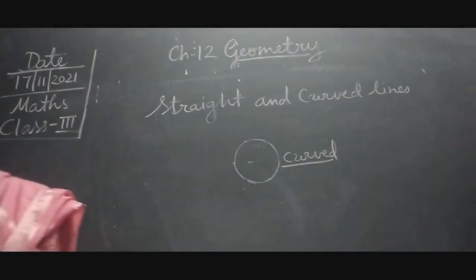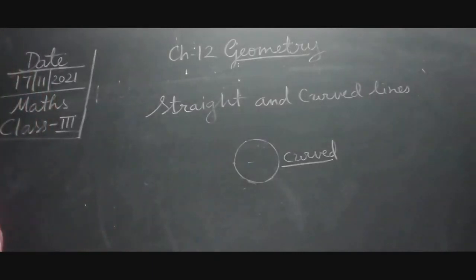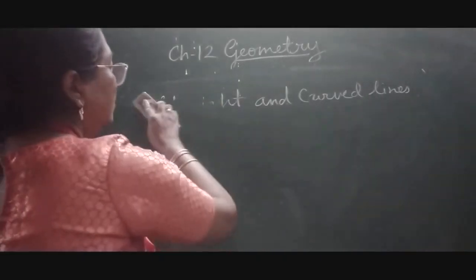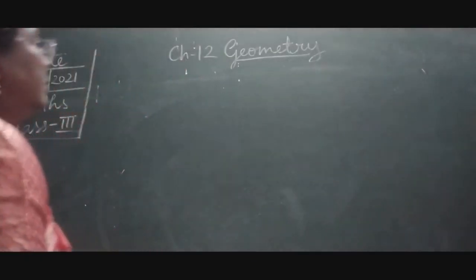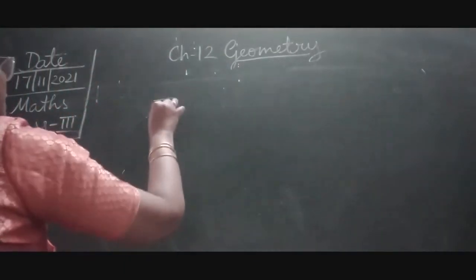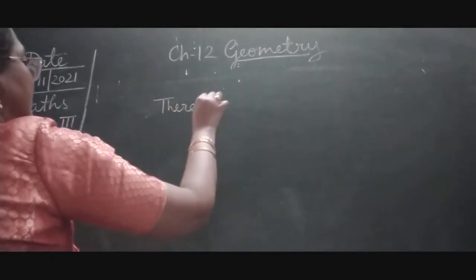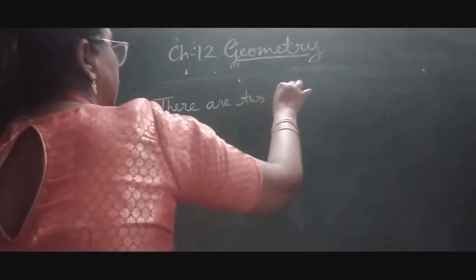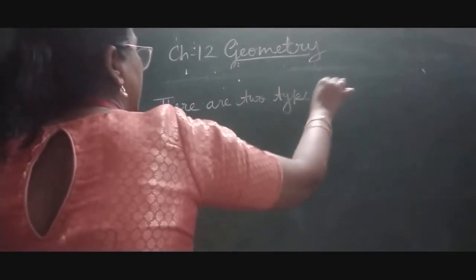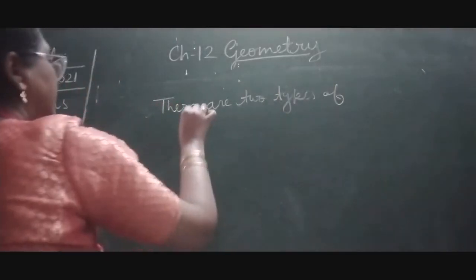Okay children. Now just write down. There are two types of lines.